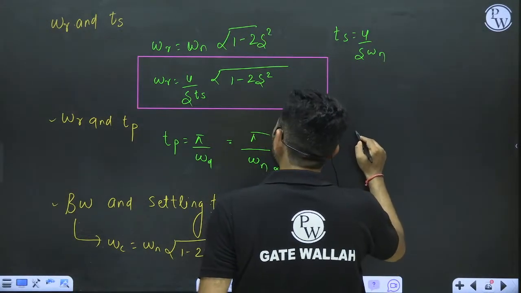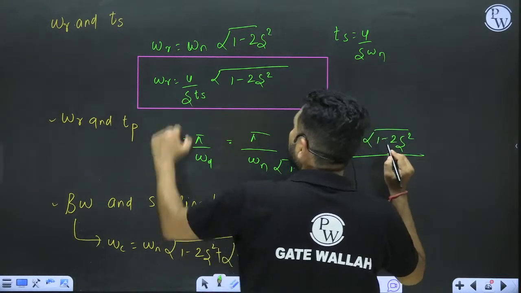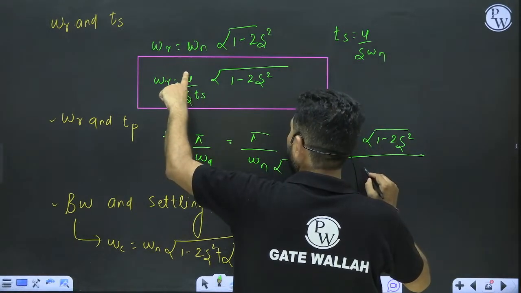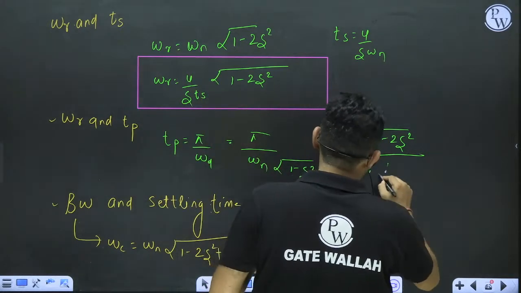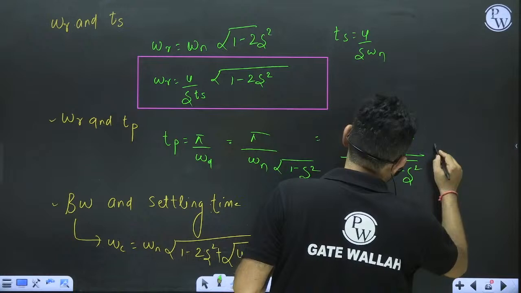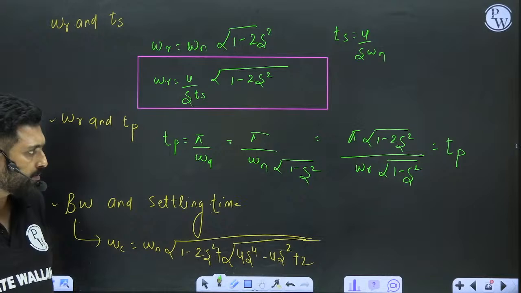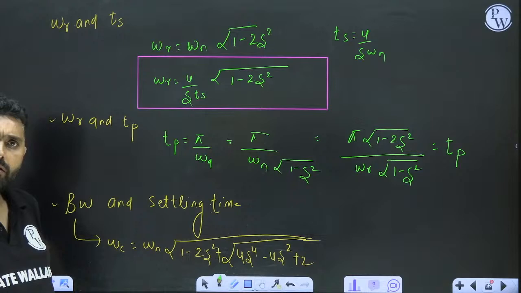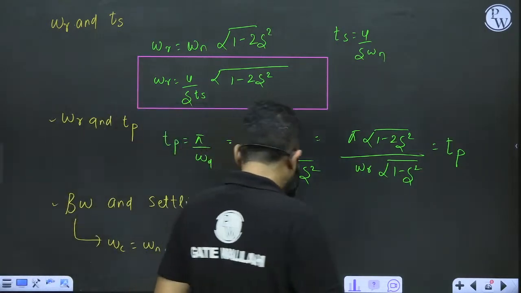So pi into root of 1 minus 2 zeta square divided by omega r into root of 1 minus zeta square is what my tp is. Check it. Is it tp in terms of omega r? Come on, speak up. Tp in terms of omega r can be written like this or not?